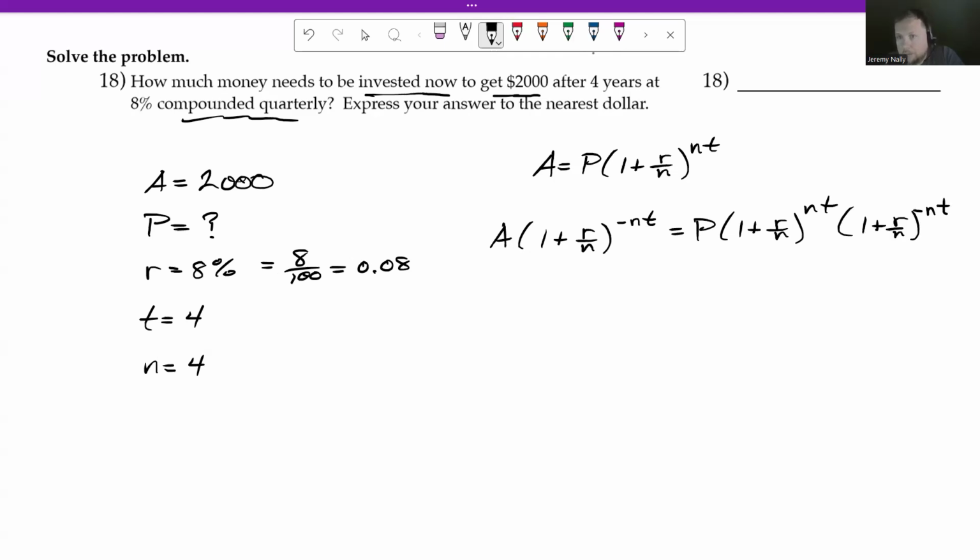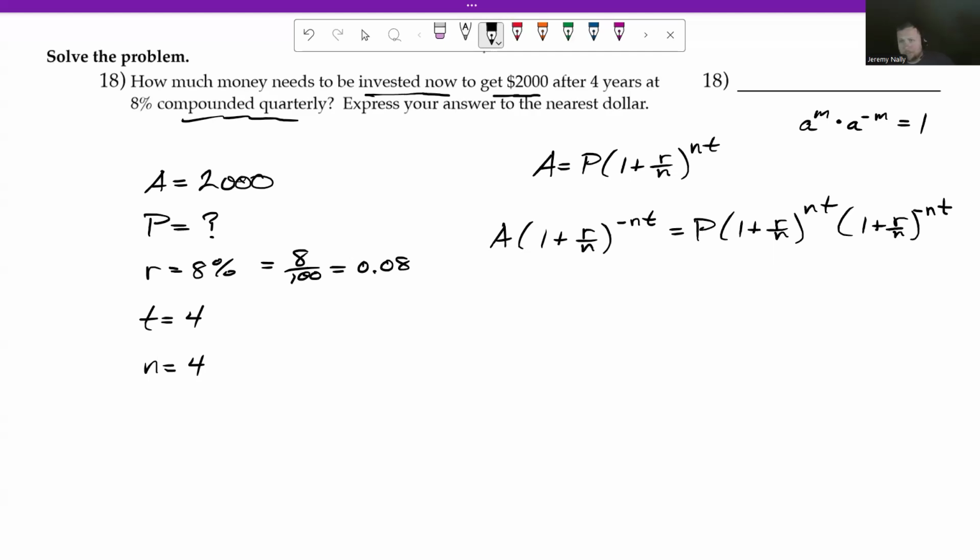And effectively what this is doing is dividing this thing out. They just cancel each other out. It's using this property here: if I have a to the m times a to the negative m, it's equal to 1.